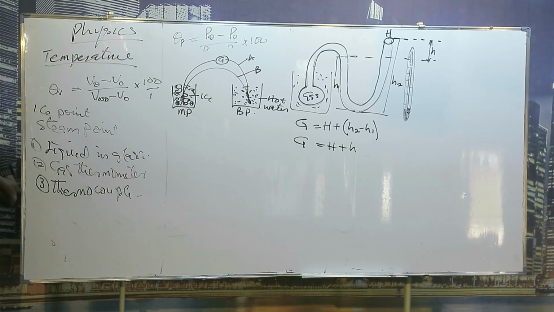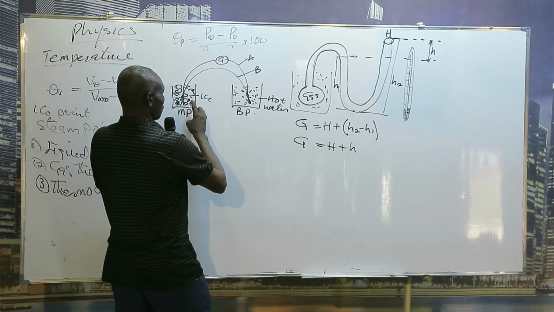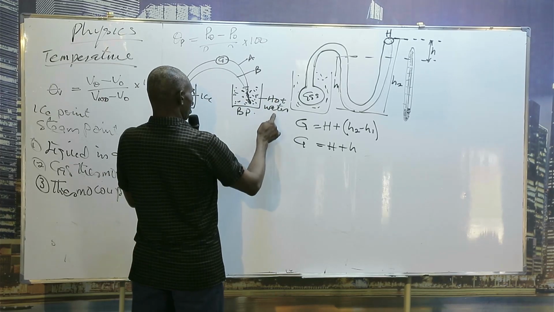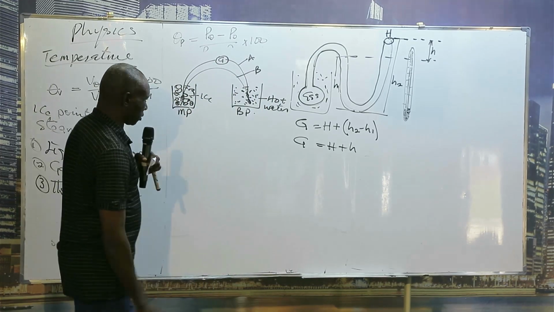So, please, if you are with me, turn up. The first one is liquid in glass. Second one is gas thermometer. And third one is what? Thermocouple. What makes up a thermocouple? One, the ice. Two, hot water. Three, galvanometer, and then wire, different wires.